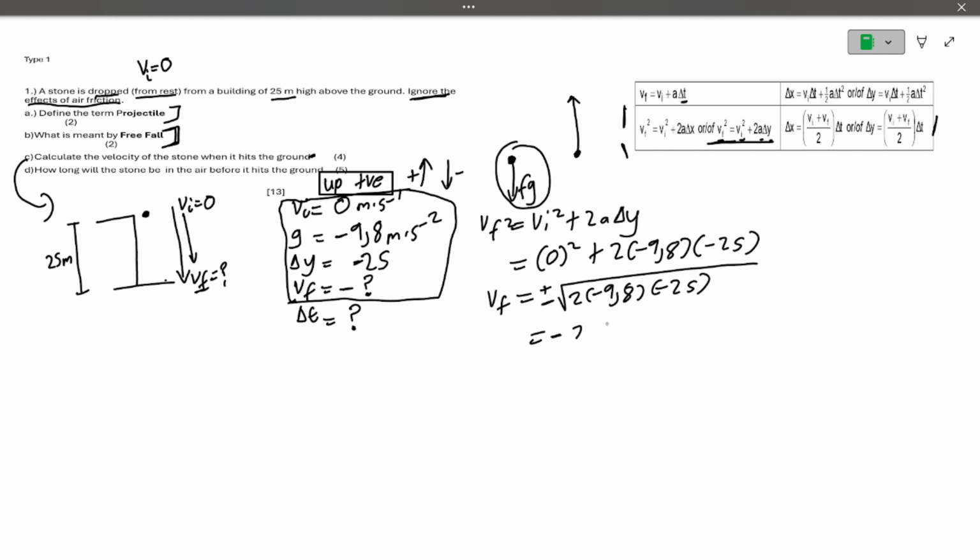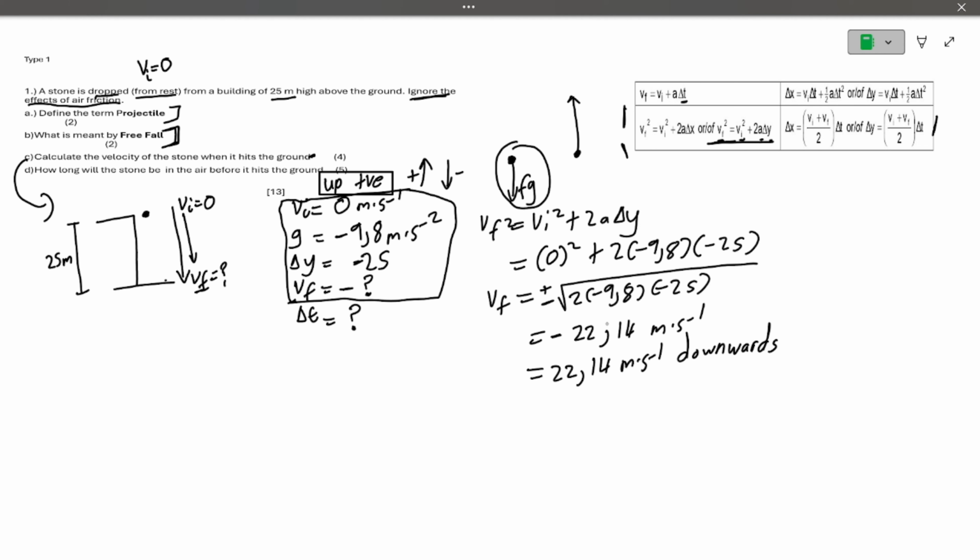So it's negative 22.14 meters per second. And this negative is gonna show the direction. It's negative 22.14 meters per second, way downwards, because up is positive, it means down is negative.